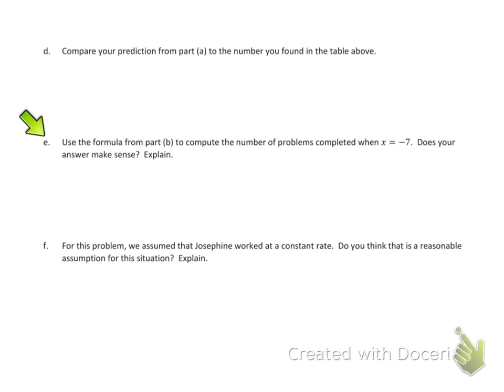Okay, now let's look at part E. It says use the formula from part B to compute the number of problems completed when x equals -7. So our formula was y is equal to 5/17 times x.